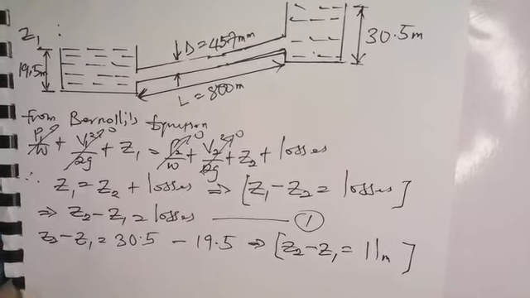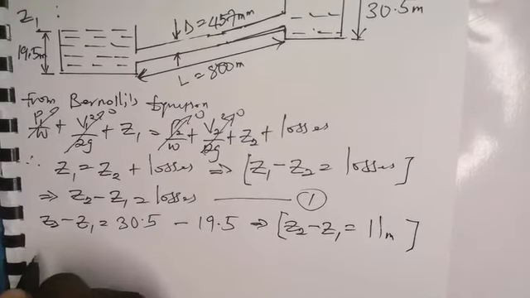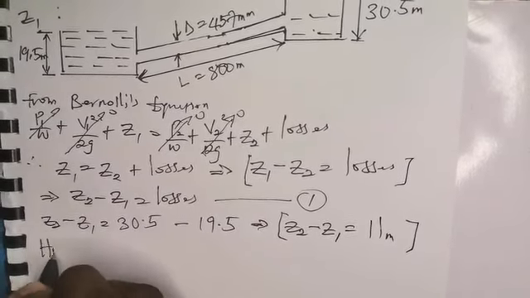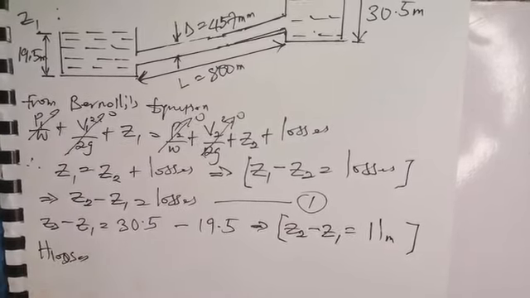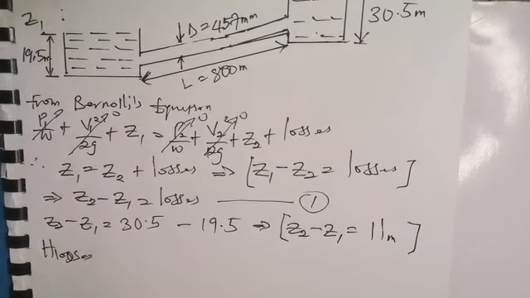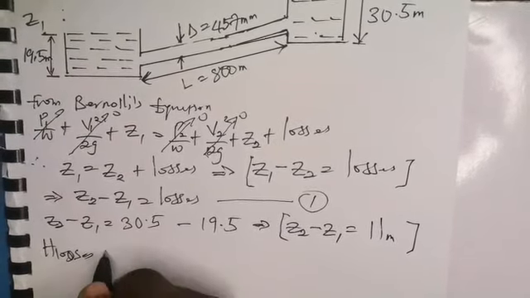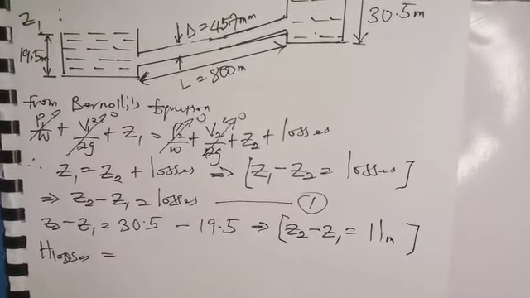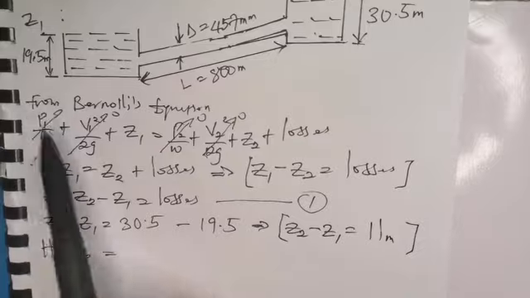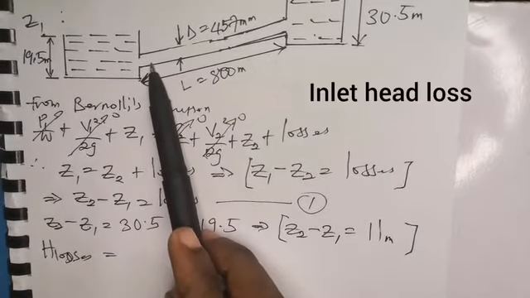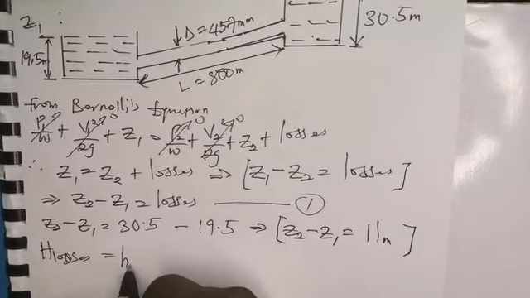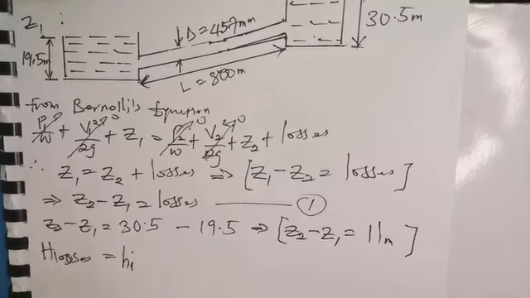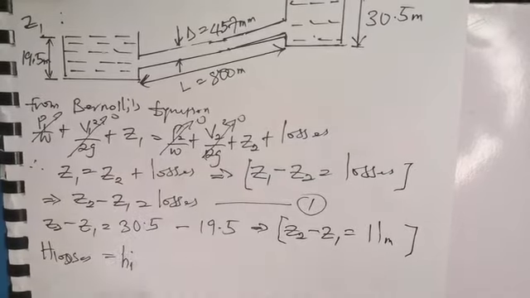Now, what are these losses? Let's simply use H losses to indicate head losses, because they are measured in heads. Now, these head losses include, let's go through the tank again. As the fluid flows into this pipe, we have head loss due to entrance. So we have the entrance head loss, call that HI, entrance head loss or inlet head loss into the pipe.